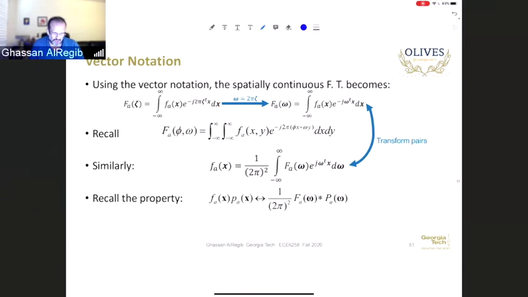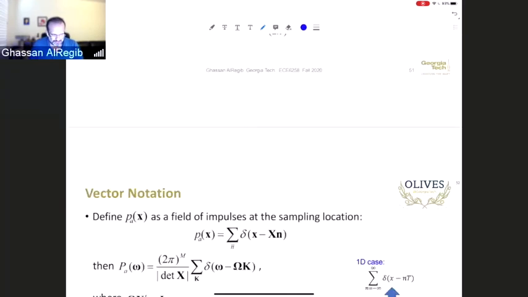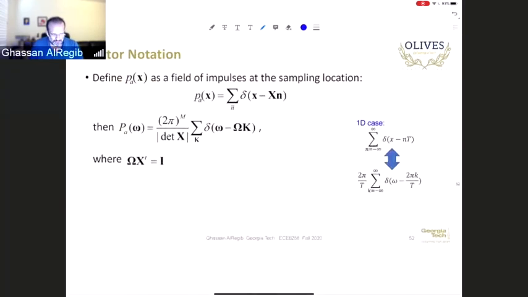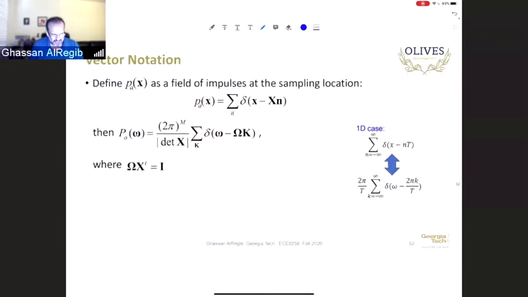We are introducing them again using this vector notation. The purpose is to say we can rewrite everything using boldface X, boldface omega, and so on. However, what we're going to talk about in more detail is this factor here.